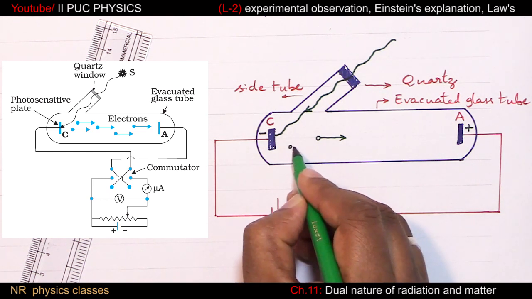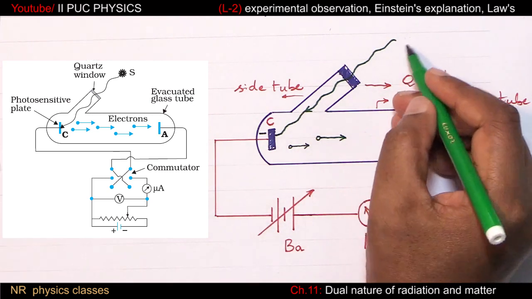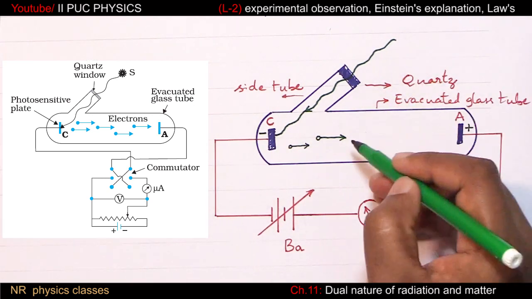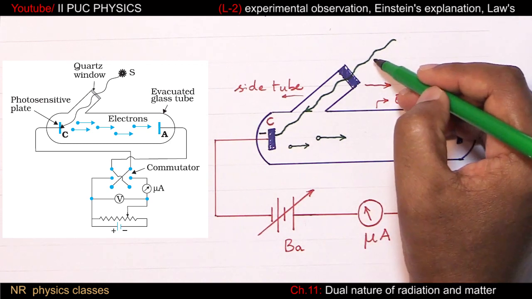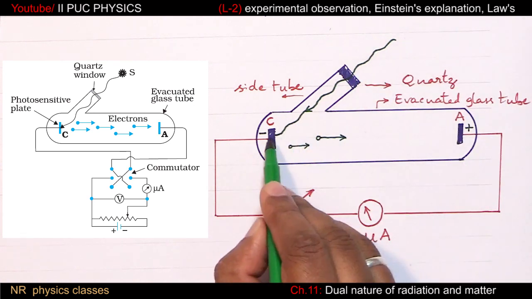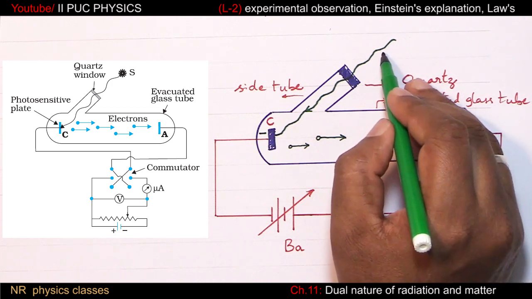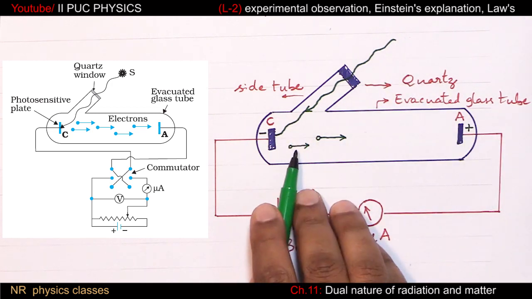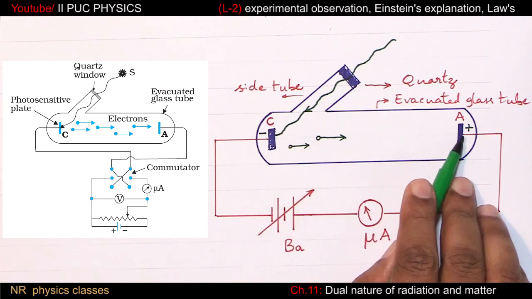Always remember, we cannot see electrons, we cannot see radiation. So this is a pictorial representation. If radiation of suitable energy falls on the cathode, suitable energy meaning energy greater than the work function, then photoelectrons are emitted. They are attracted towards this anode.